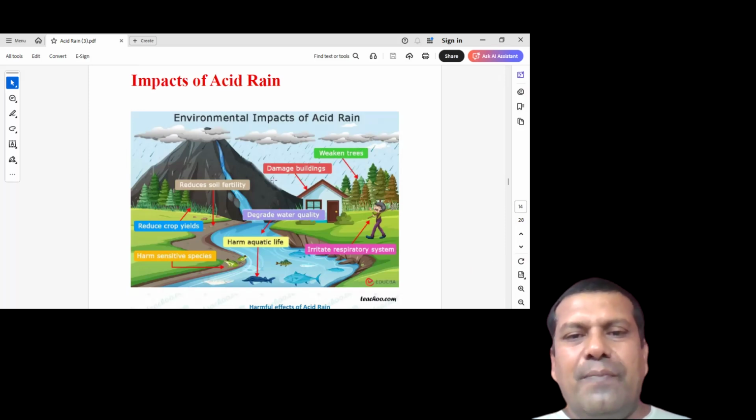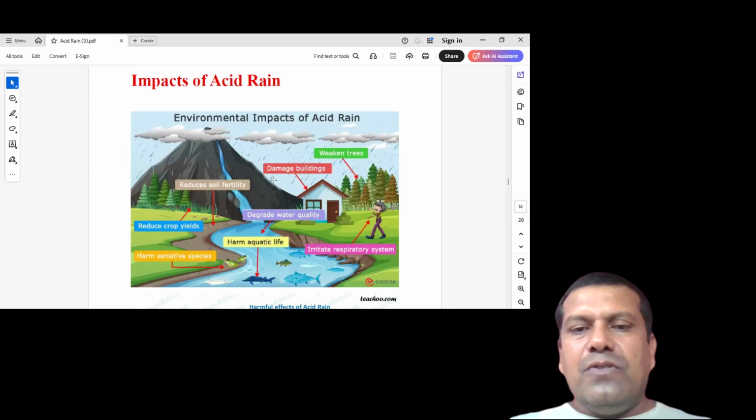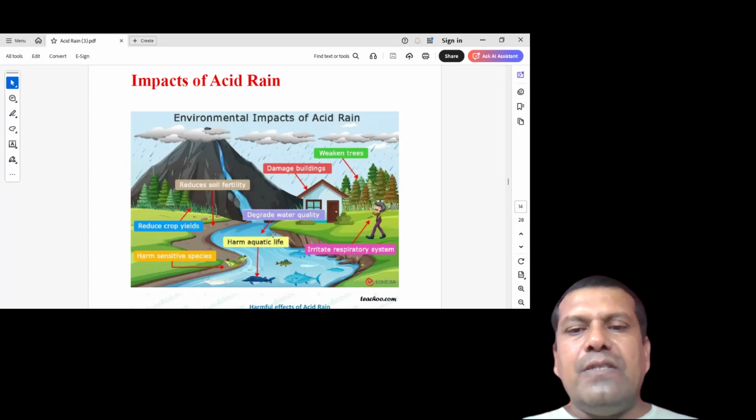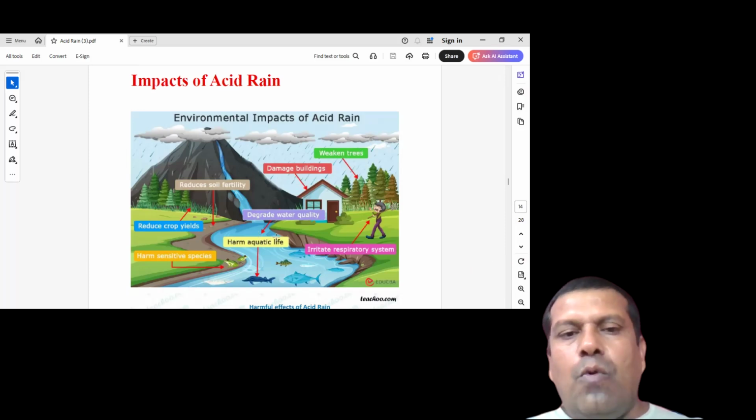It also damages the buildings and the monuments. Acid rain reacts especially with sandstone. We'll be discussing that later. It also degrades the water quality, and as the water quality is degraded, it harms the aquatic life, that is the species living in the water bodies.